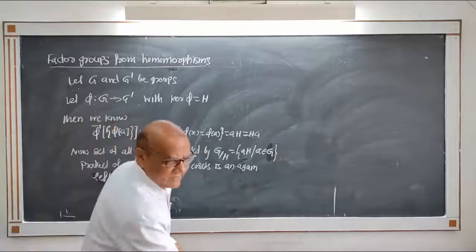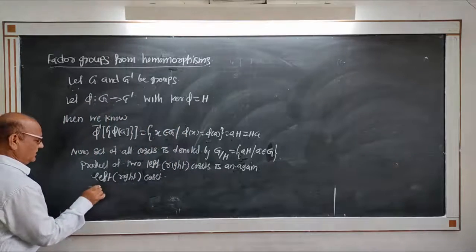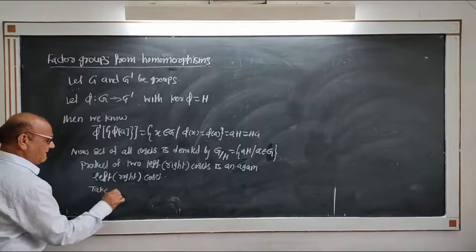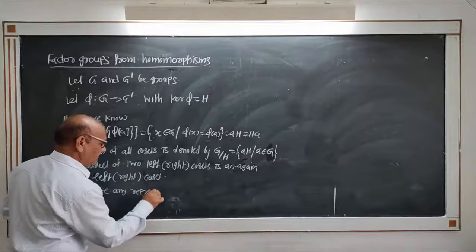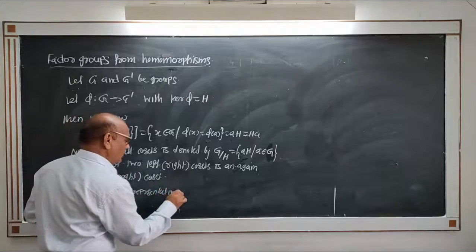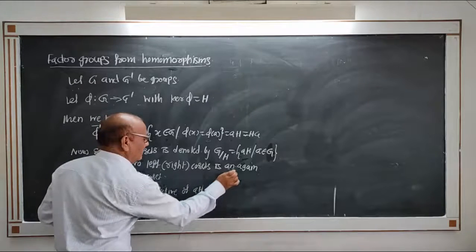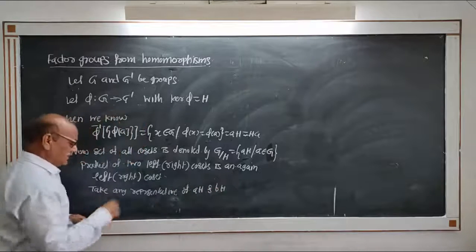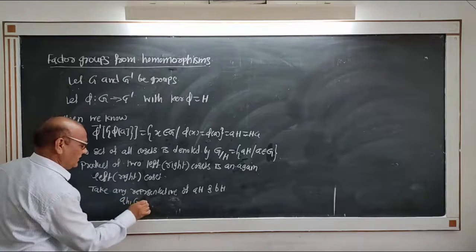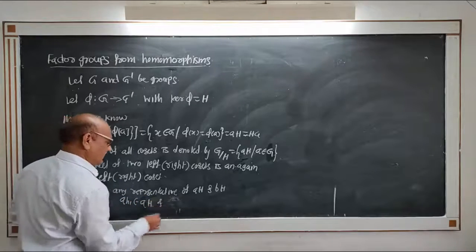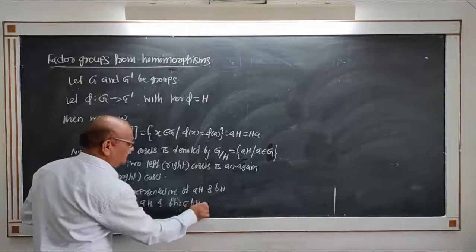See here, take any representatives of the left cosets aH and bH. That means ah1 belongs to aH and bh2 belongs to bH.